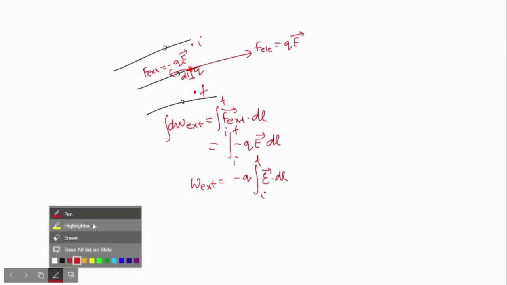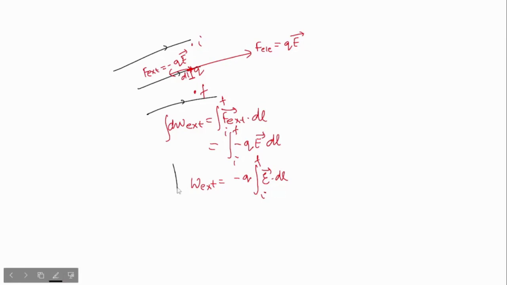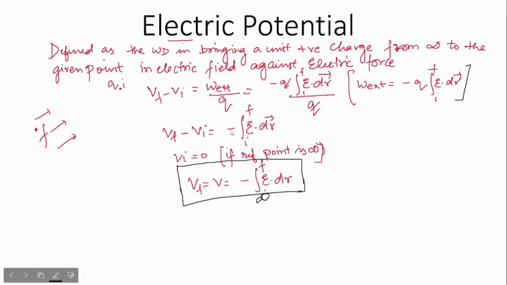So this is the formula that we have used in determining electric potential, the work done by the external agent, in the previous slide. This is the basic definition and how we have derived the electric potential.